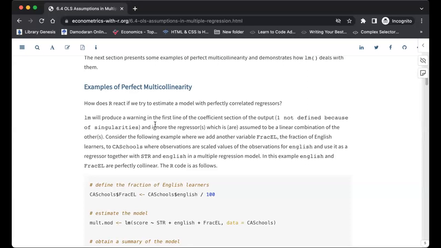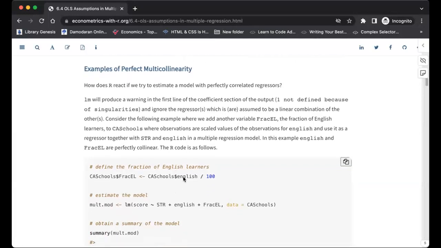So lm will produce a warning in the first line of the coefficients, one not defined because of singularities, and ignores the regressor which is assumed to be a linear combination of the others, the one which is redundant. Here he gives an example where we create another variable called the fraction of English learners, which is a linear combination of the percentage of English learners.